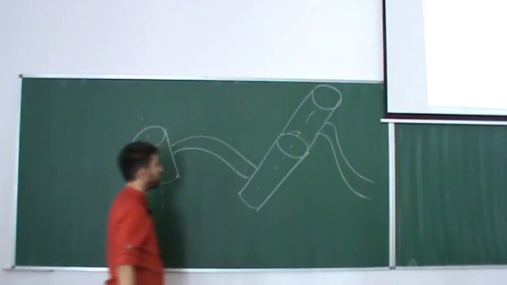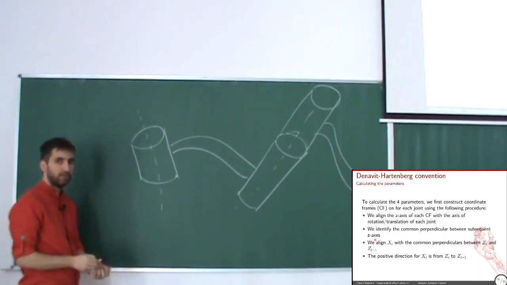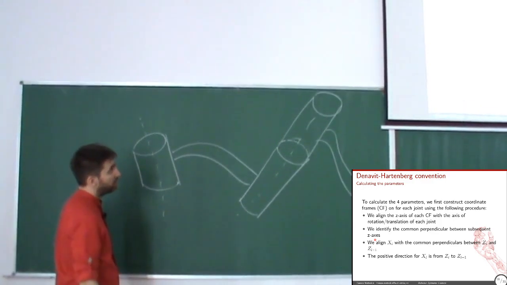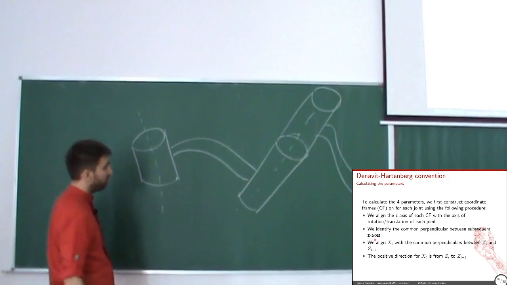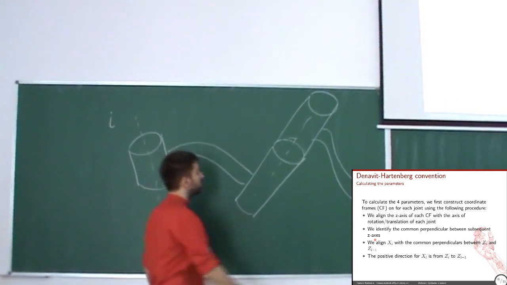Whatever. What did we say is the first step? First step, align Z with each coordinate of each coordinate frame. So let's also give them names. Let's call this i. Let's call this i plus 1.